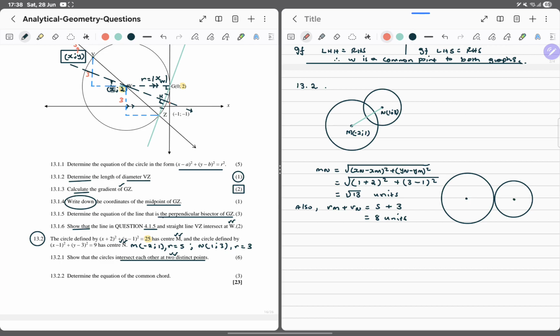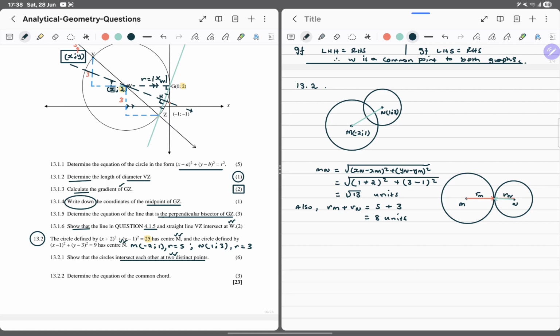We will see the radius of the one circle all the way there, and the radius of the other one all the way there. Can you see this MN would literally be the radii added together.